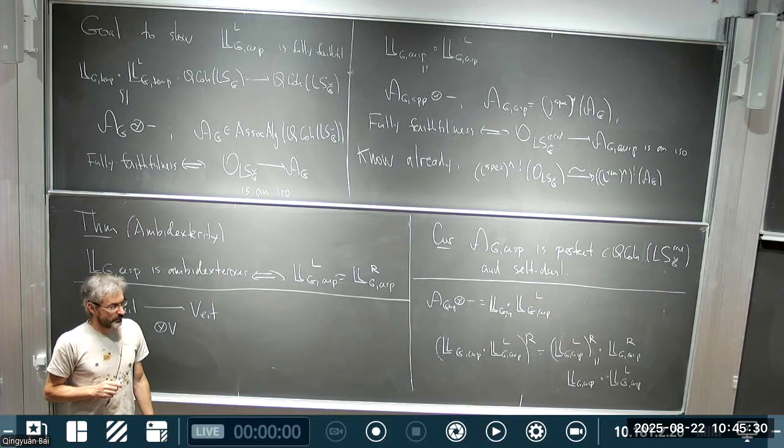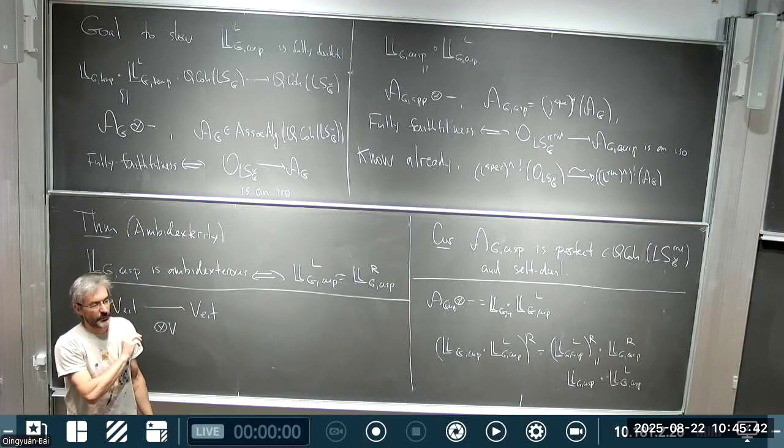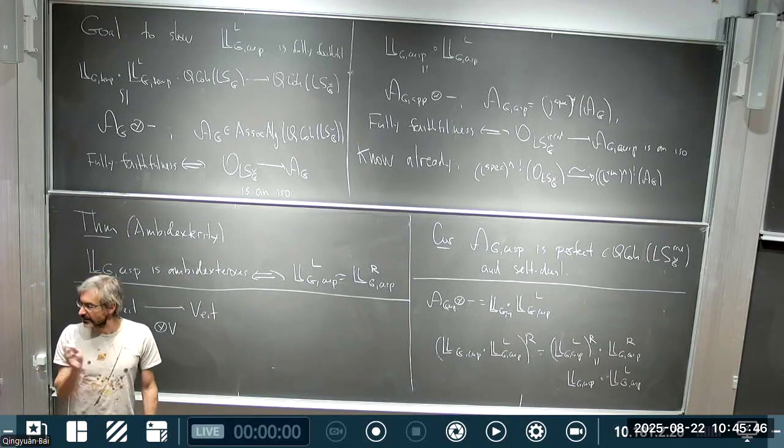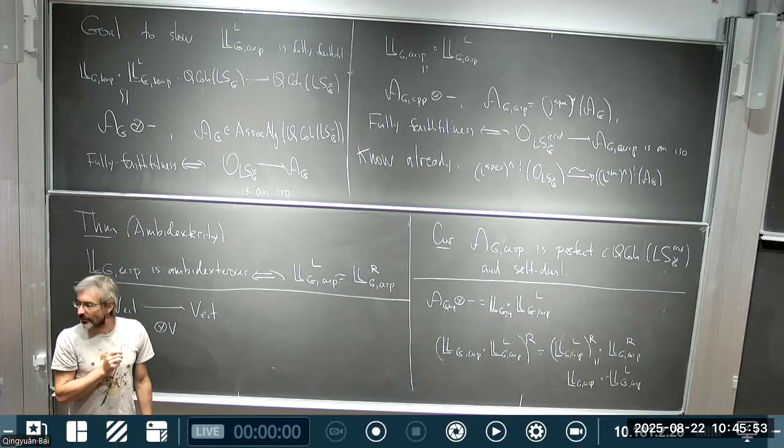Suppose you knew it for everything. Would it prove it immediately? No, we will still need a certain computation, but Kevin's clock will be twice as short if we knew it on the whole thing. I think that if you knew a priori that this AG was perfect, you'd be in really good shape.